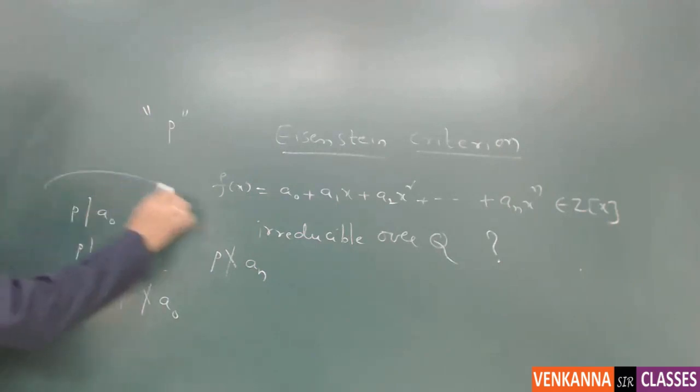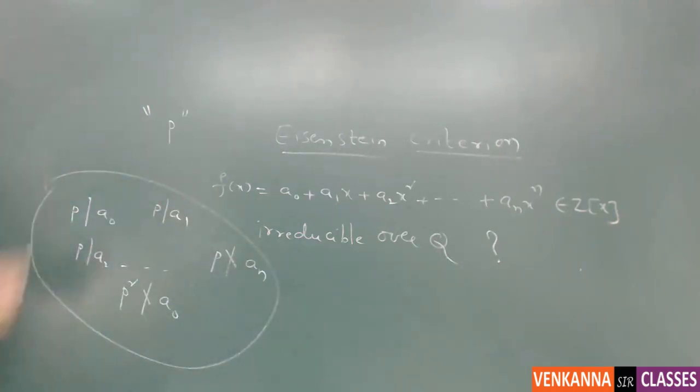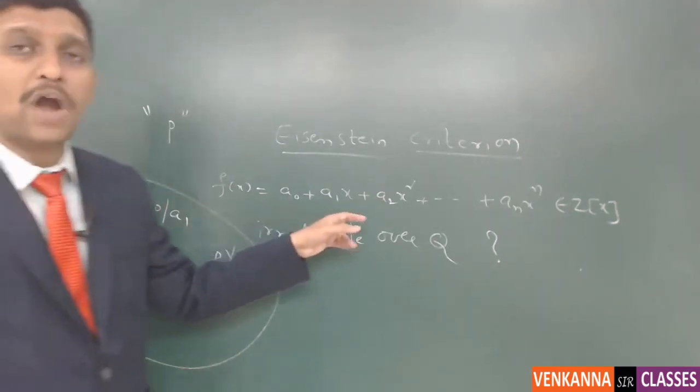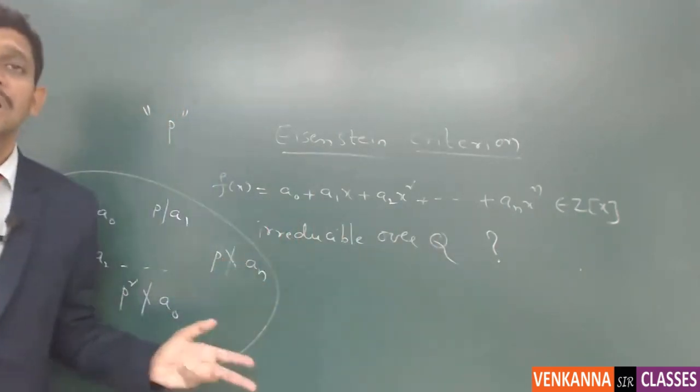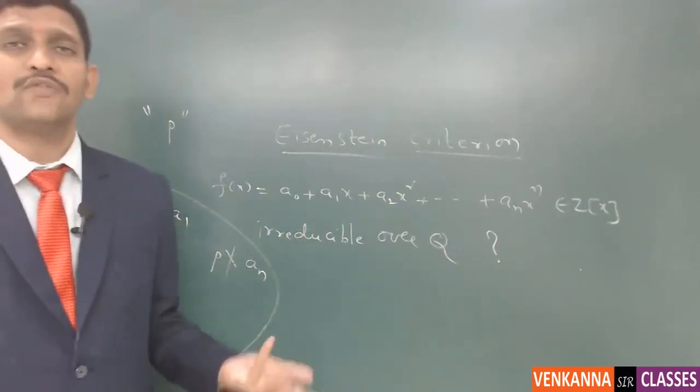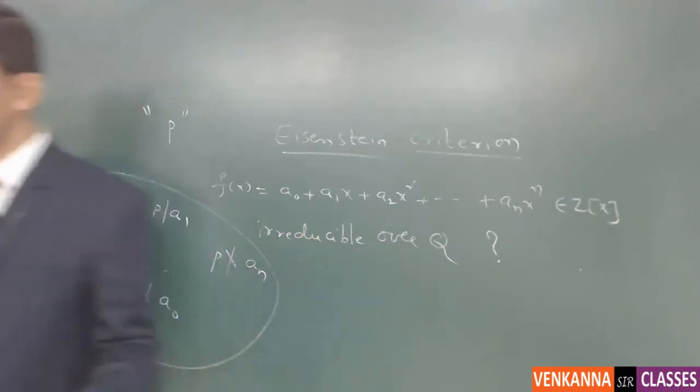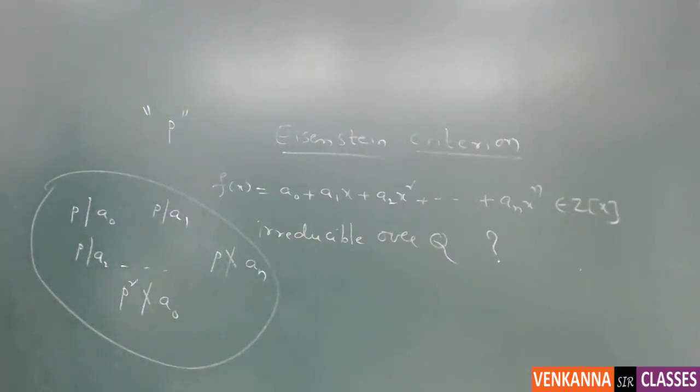If you are able to find this type of prime number, at least one prime with this property, then the polynomial we have taken is irreducible over Q. If there is no such prime, we say that it is reducible over Q. Okay? So please take a note of this condition.